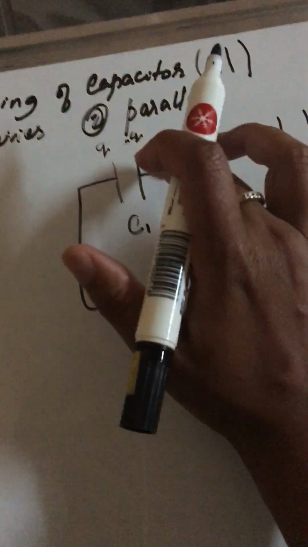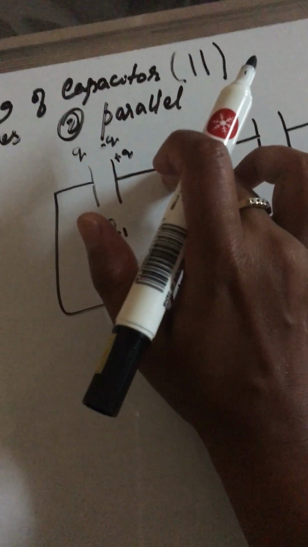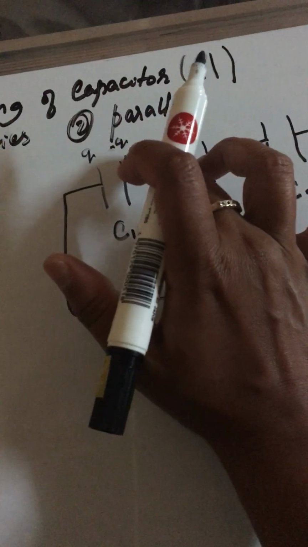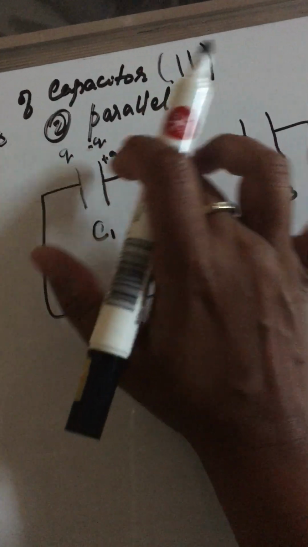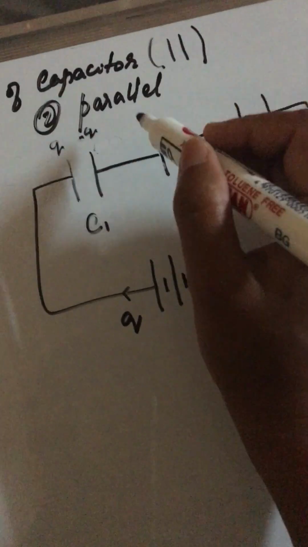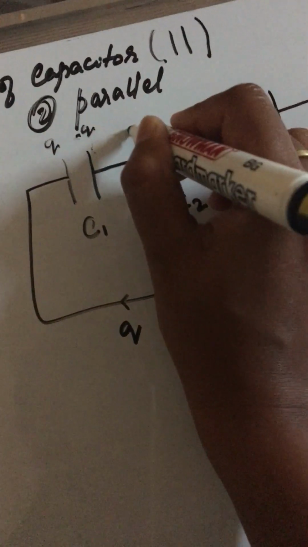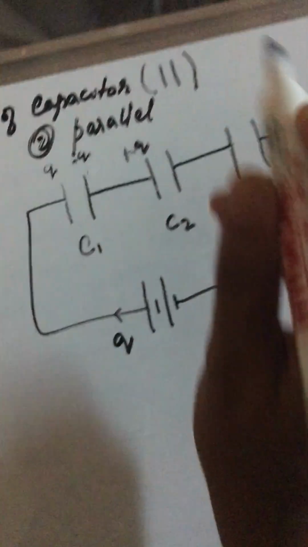This plus Q has a path, so it will not settle but will go here.